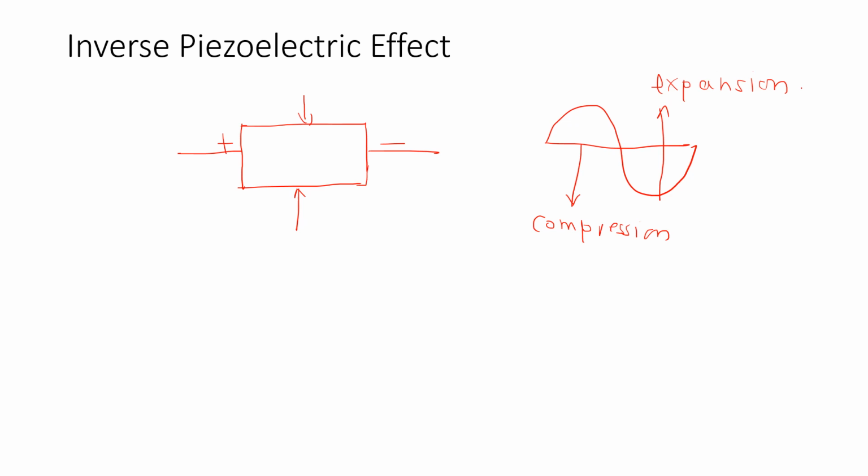So if instead of steady electric field, we apply alternating electric field, then the crystal will experience the change in the dimension. In the half cycle, it will experience compression. In the next half cycle, it will experience expansion.